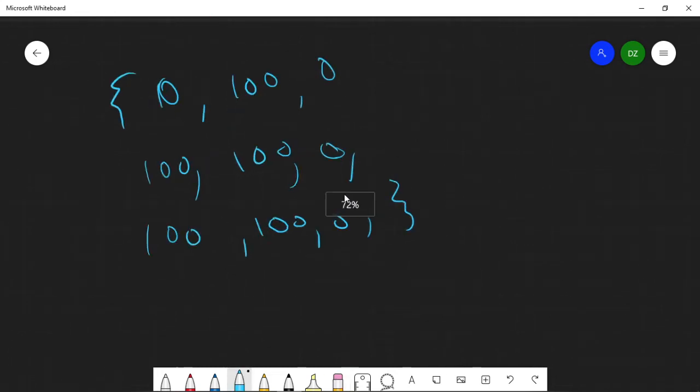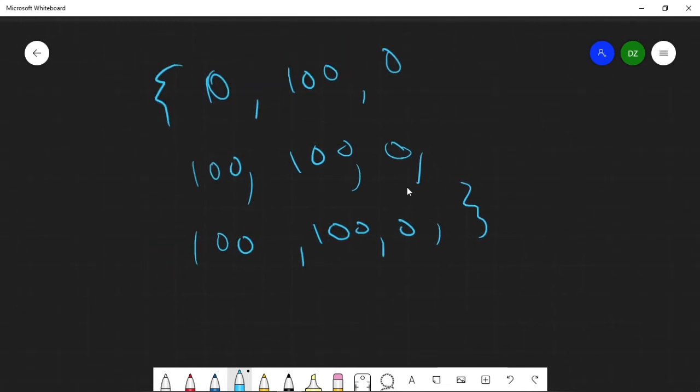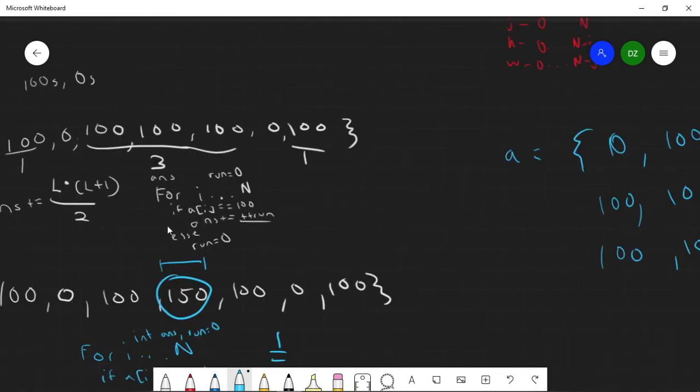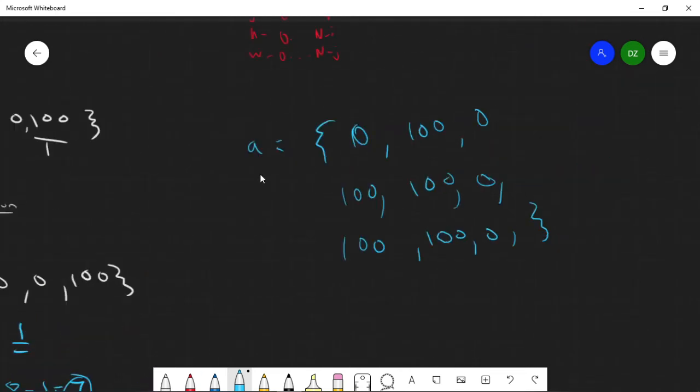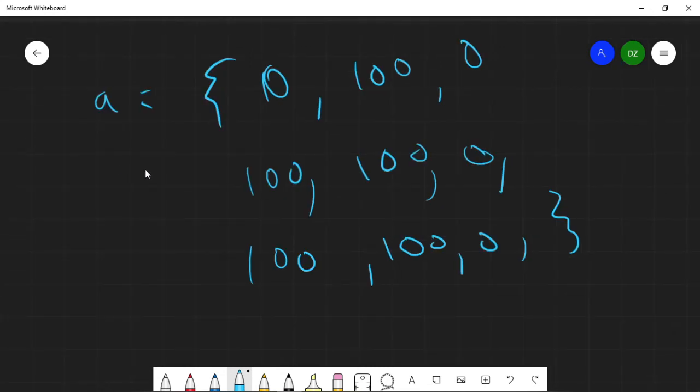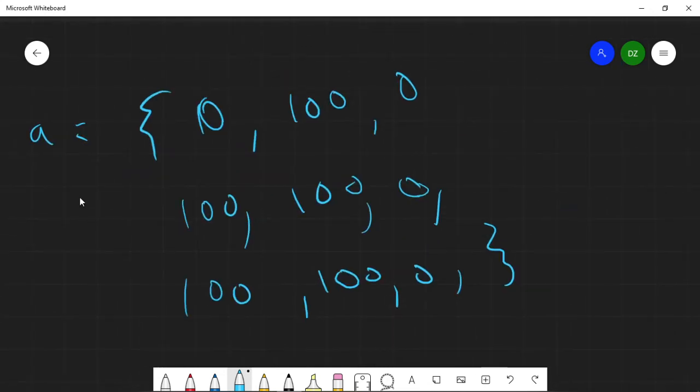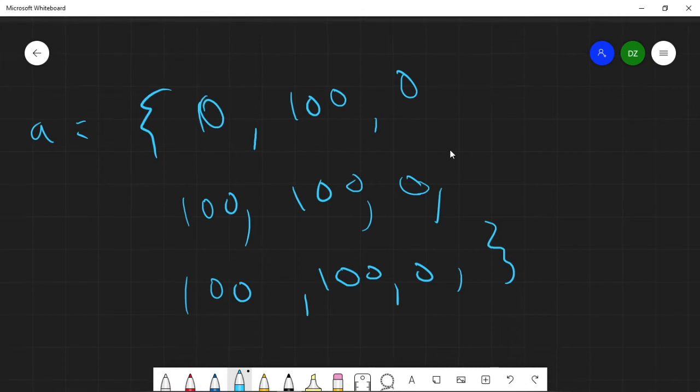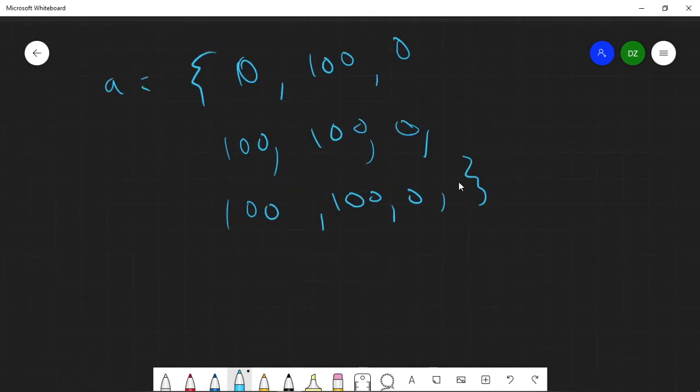Okay, so this is A. What you do is you would do the same formula we did here to the left, this guy right here, and apply it to every single segment. So, in this case, let me introduce the Boolean array OK.